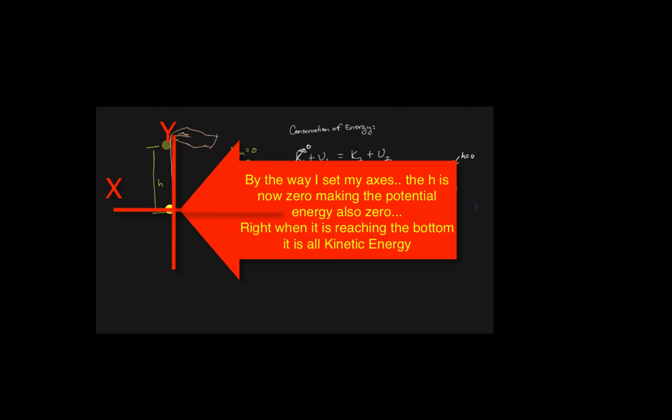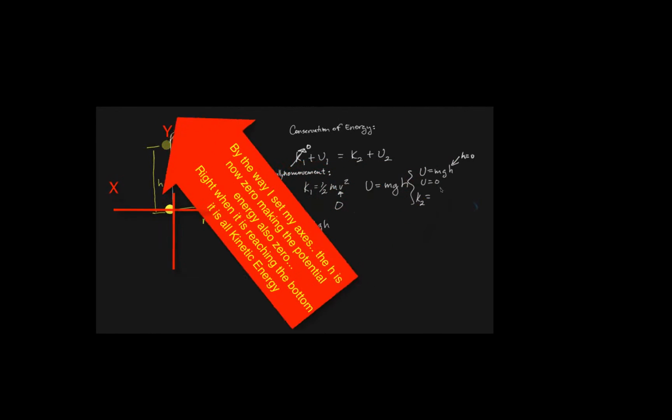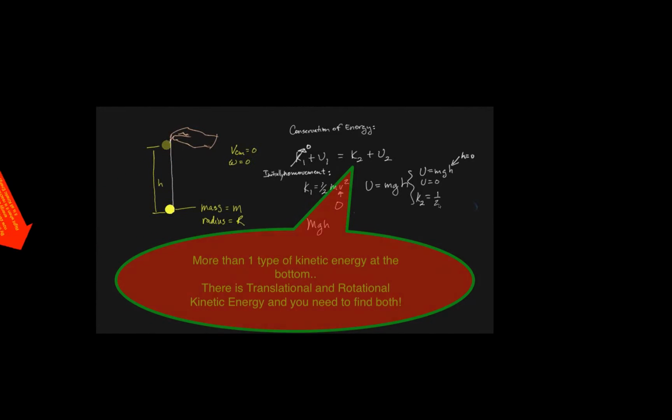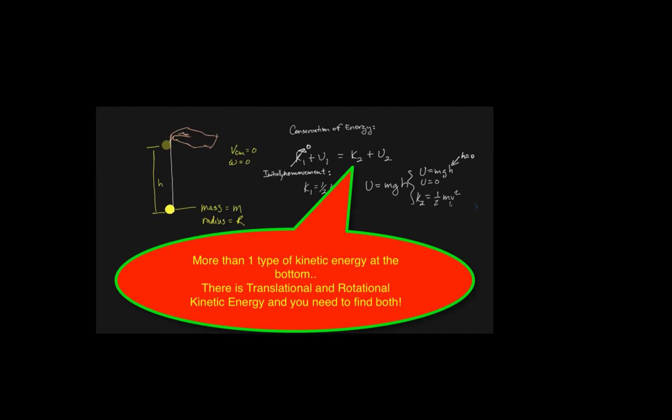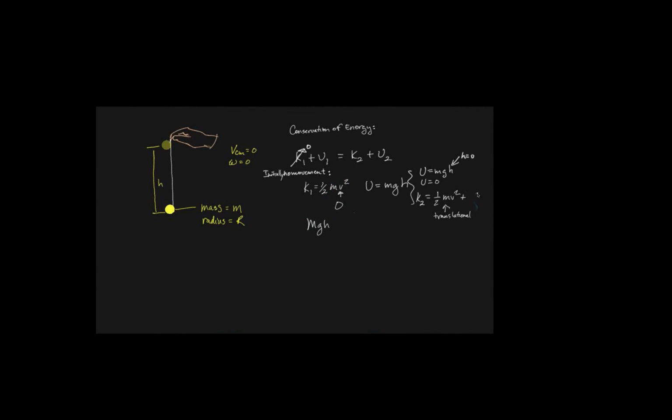Now the kinetic energy is going to be the big long equation that has the motion up and down called translational motion. And then we have the rotational motion, which is one half inertia center of mass angular velocity squared.